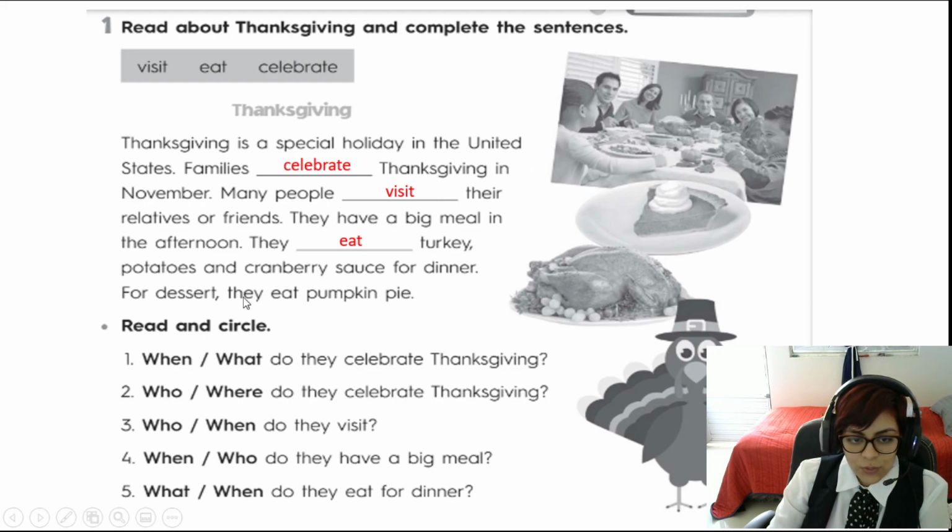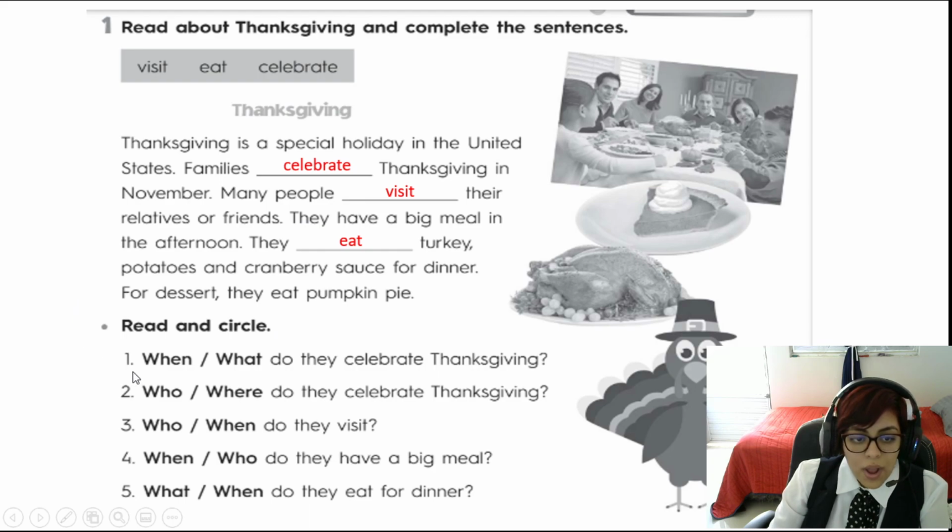Now we are going to read and circle when or what, according to the question. We are going to answer with the WH questions about this celebration that is Thanksgiving.